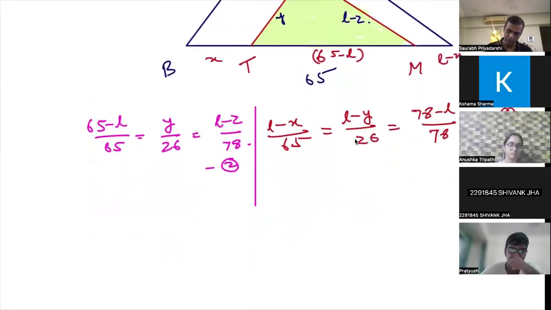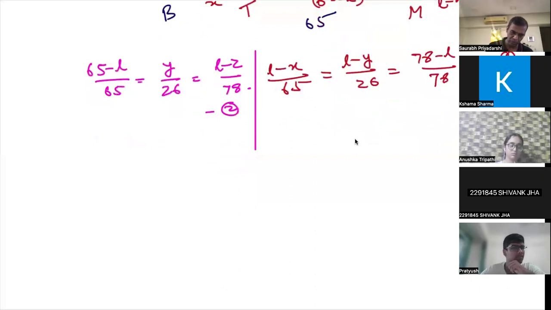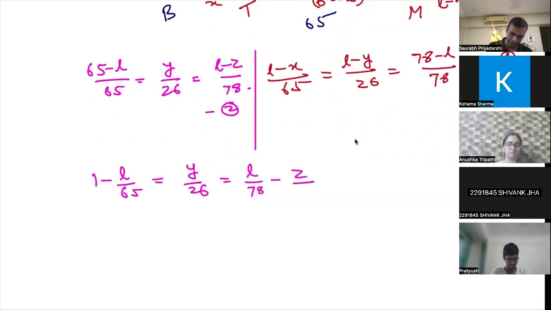Right. So now from these two, I have to just go with 1 minus L by 65 is equal to y by 26 is equal to L by 78 minus z by 78. And second is L by 65 minus x by 65 is equal to L by 26 minus y by 26 is equal to 1 minus L by 78.